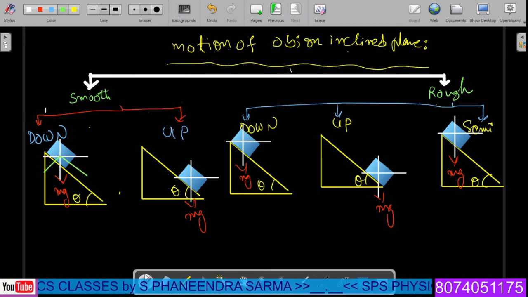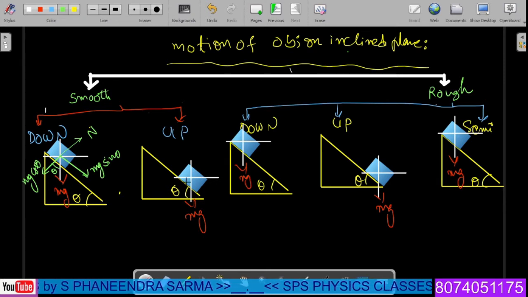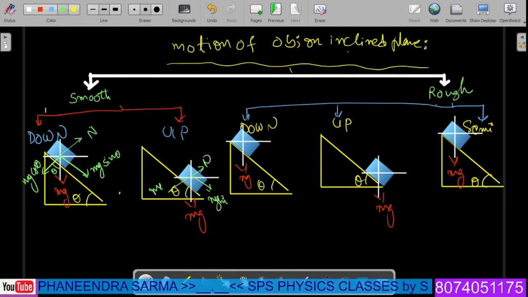Here theta means the angle is theta degrees, and hence in the downward direction along the incline we have mg sin theta, and in this direction we have mg cos theta. Now perpendicular to the incline we have the normal reaction N. So we can apply the same situation in all cases. In all cases, inclined down we have the mg sin theta component, and the normal reaction N is equal to the mg cos theta component.